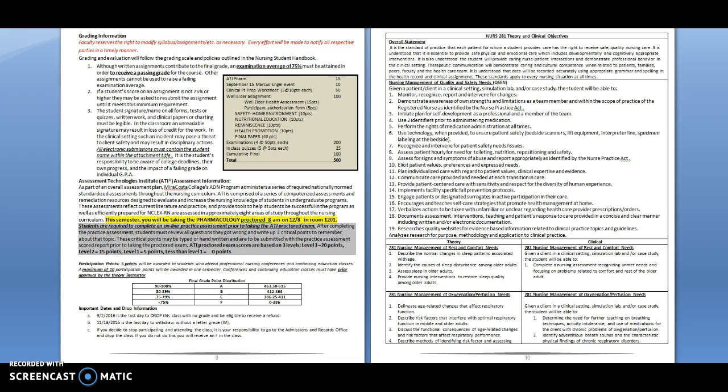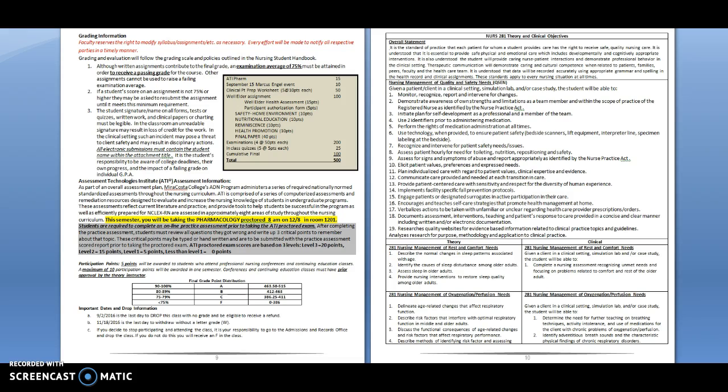I also give points if you go to a BRN meeting. It does have to be something that you actually do, nothing done online. You have to go to some type of nursing event. So they're all over. You can talk to me. I like to have you pre-approve them before you go. There's your dates if you're going to drop the class to get a refund, and what day you can withdraw by.